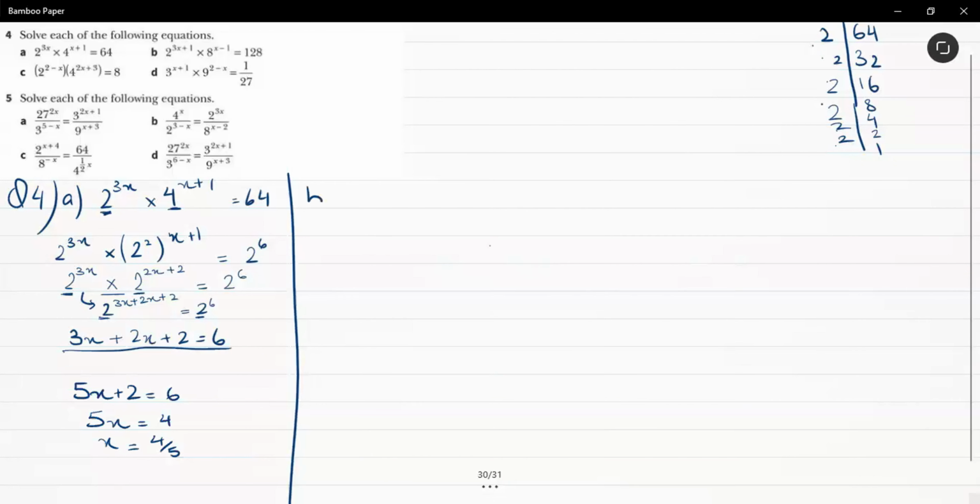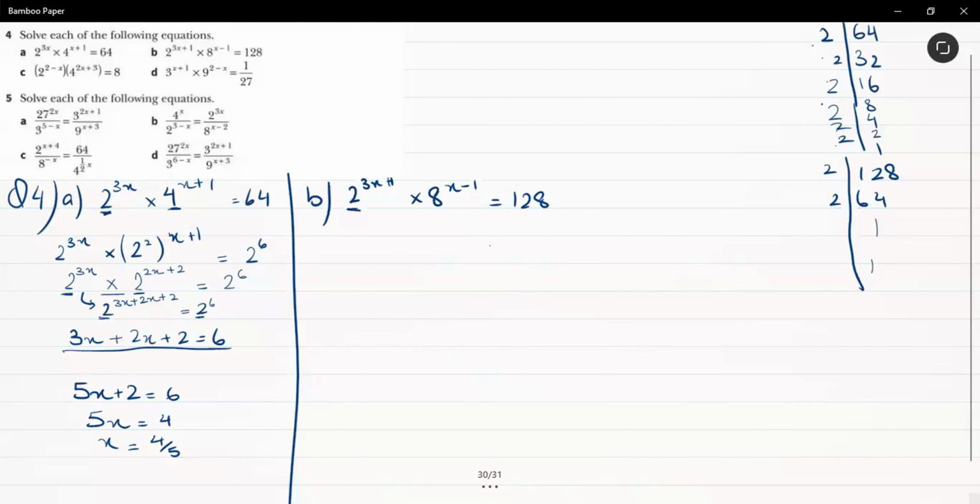For part B, we have 2 raised to the power 3x plus 1 multiplied by 8 raised to the power x minus 1 is equal to 128. Again, as you can guess, the simplest index value we get right now is 2. So we already know 2 cubed is equal to 8. For 128, we find the prime factors.